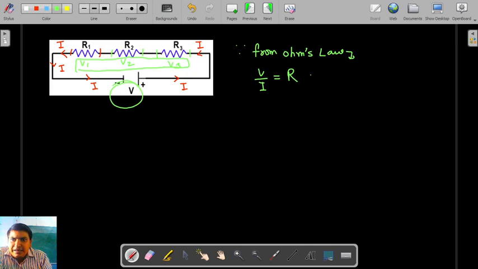So here V is actually IR. Now V equals V1 plus V2 plus V3.